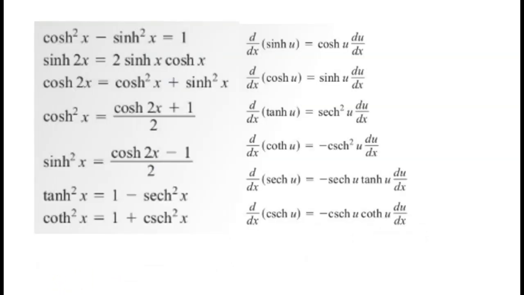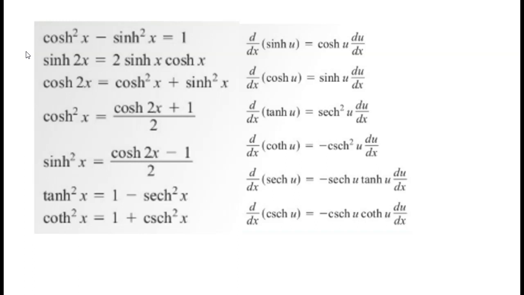On this page, we see the various hyperbolic trig identities on the left and the basic 6 hyperbolic trig derivatives on the right. Notice that the basic Pythagorean identity is not what we normally have for regular trig functions, cosine squared plus sine squared equals 1.